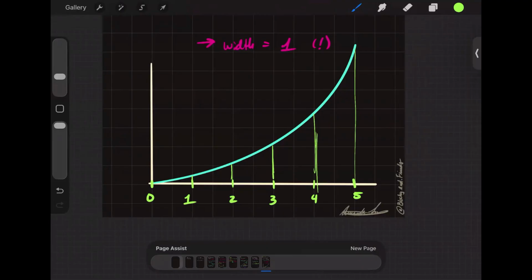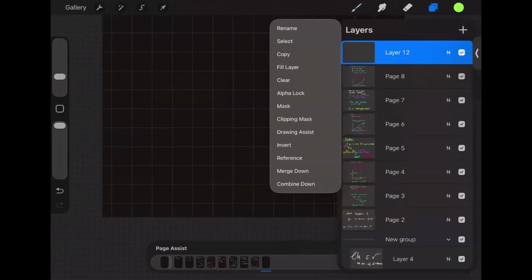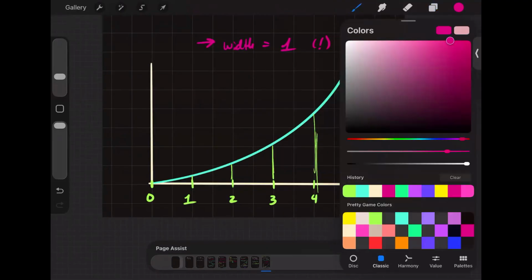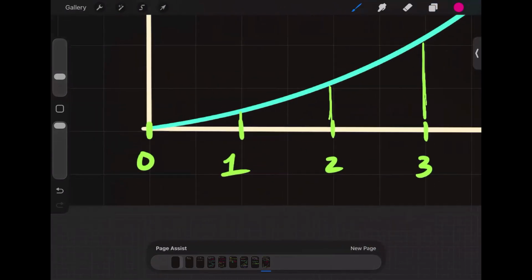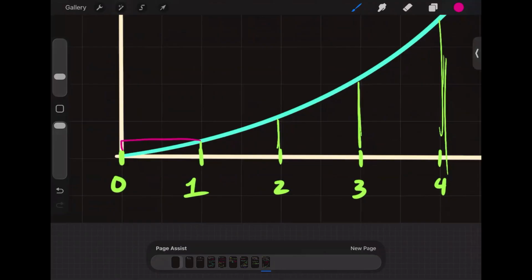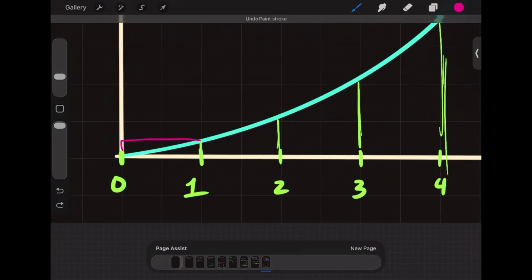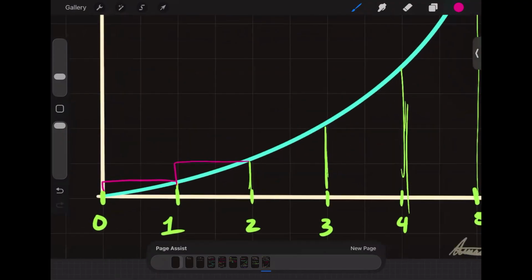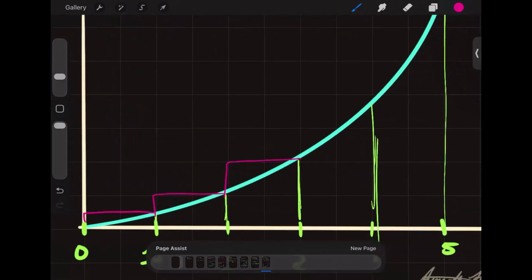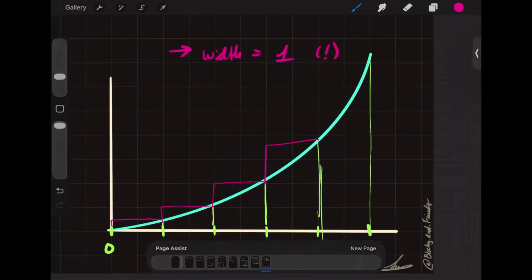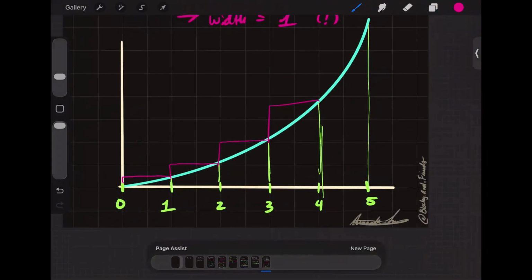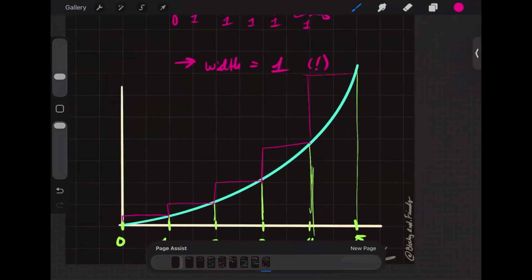Okay, I'm going to make some rectangles, and I recommend you do too. This is my first rectangle, this is my second rectangle, this is my third rectangle, and this is my last rectangle. 1, 2, 3, 4. Oopsie, forgot my fifth one.